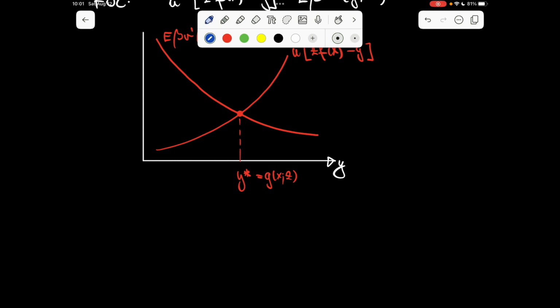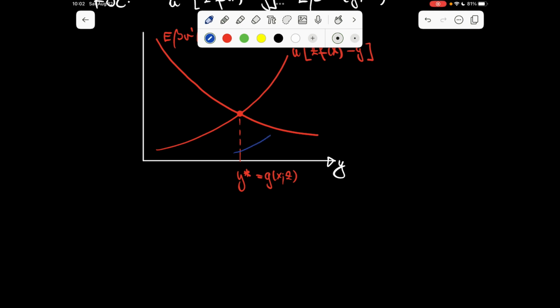If we increase x with a given y, fx, the production function, gets higher due to the monotonicity of f. F, the production function, is strictly increasing in x.